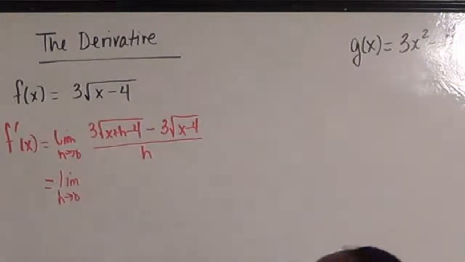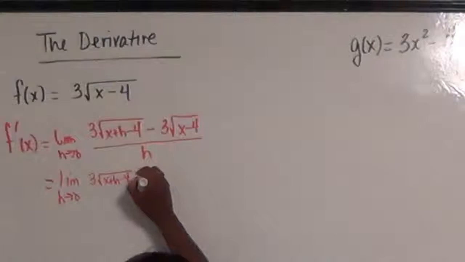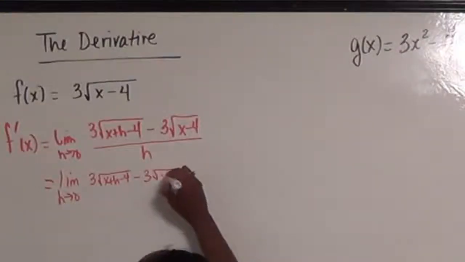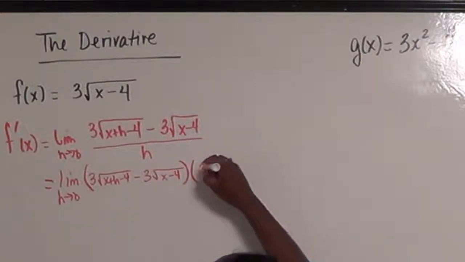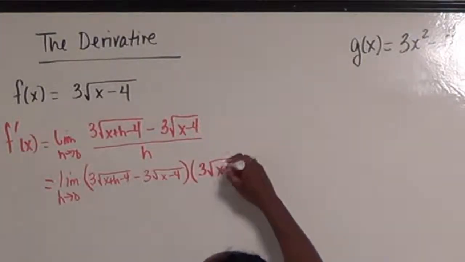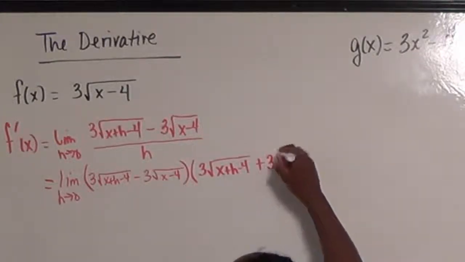So here, what we'll do is we'll use the conjugate to rewrite. And again, if you remember the conjugate, says I'm going to take both of the functions I already have, meaning the square roots that are already there, and I'm going to multiply by those same roots, but with the different sign between them.